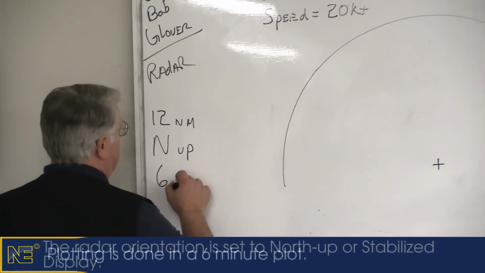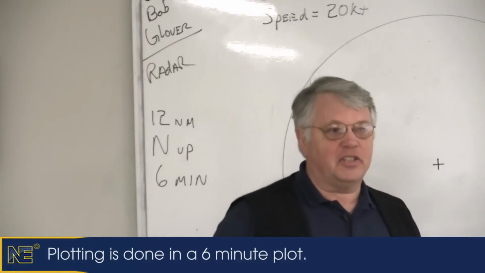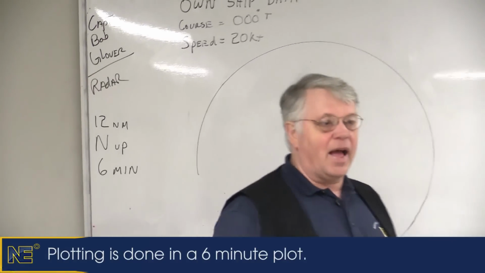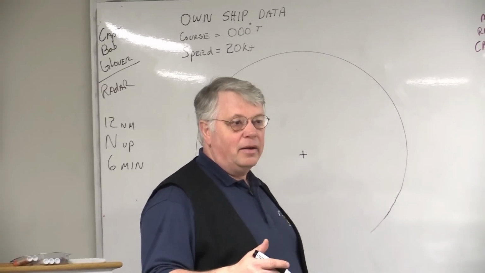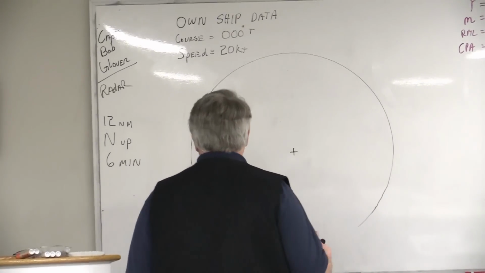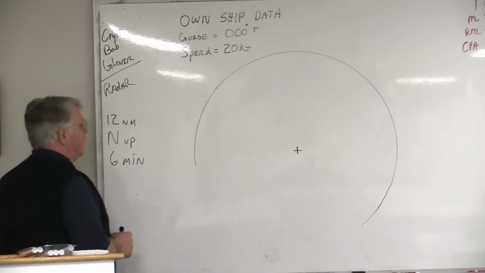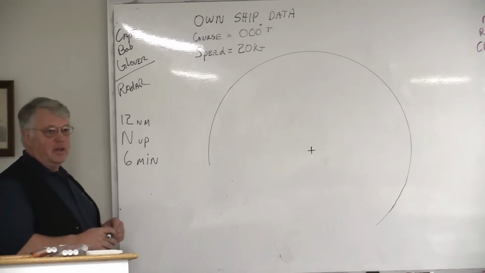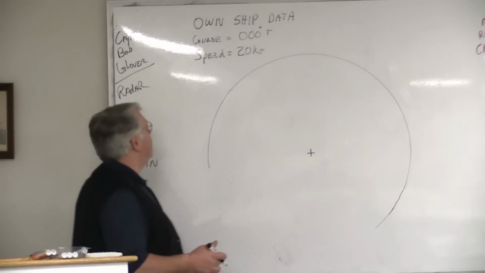We're also going to do everything in a 6-minute plot. And we discussed that at length yesterday. We broke everything out and looked at the mathematics behind the 6-minute plot and what we call the 10th rule. So everything is going to be in a 6-minute plot. And that'll help us learn this as quickly as possible and consistently until we get it down, all right?